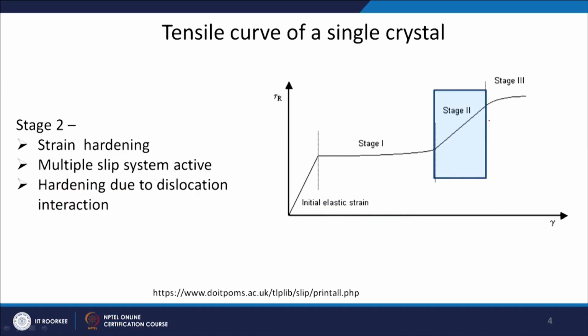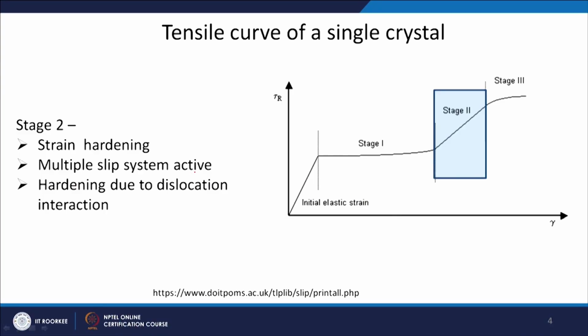Then comes stage 2. Now you see the strain hardening part. We will come back to this when we discuss the strengthening mechanisms, what we mean by strain hardening. Why do you get strain hardening? Because now multiple slip systems are active. Dislocations are now interacting with each other, and it is becoming difficult for the material to deform.